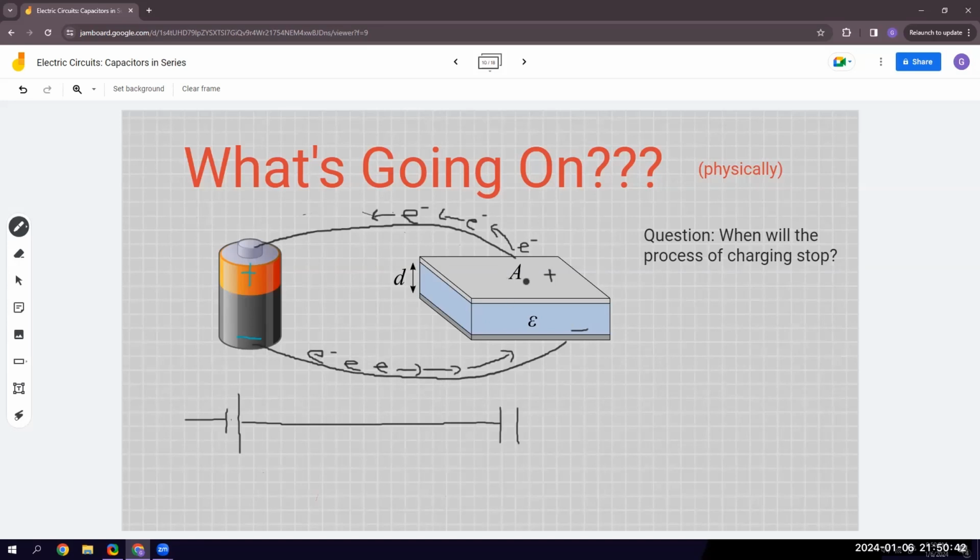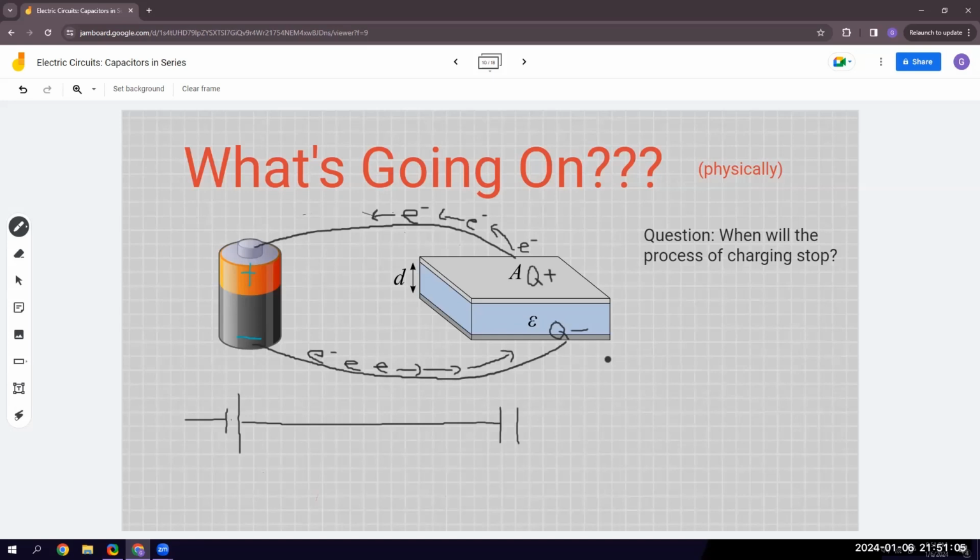The net effect is that the top plate will end up with a positive charge. And since it was a one-to-one give and take here, the bottom plate will have equal value of charge, just negative.